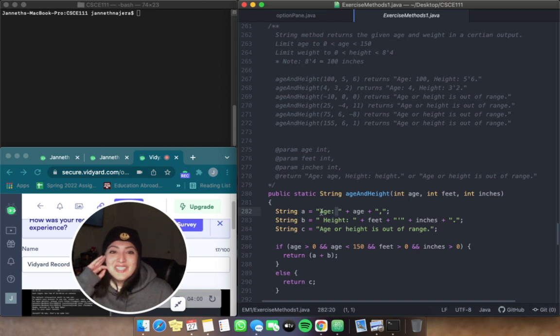Okay, so this is saying age, right? So this is what I'm printing. This right here, up to this space here. Plus, and then the age that is inputted by the user. So in this instance, it is 100. Okay, plus another set of quotations and a little comma to make sure that I have this right here.